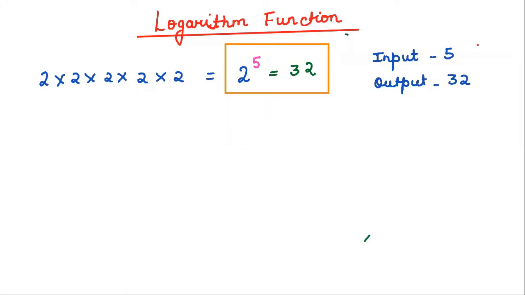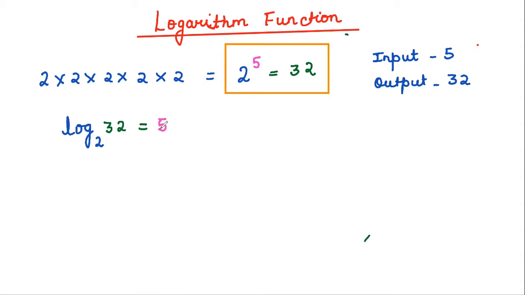We write log to the base, and whatever the base is here, the same base is going to come here. So log to the base 2 of 32 is equal to 5.